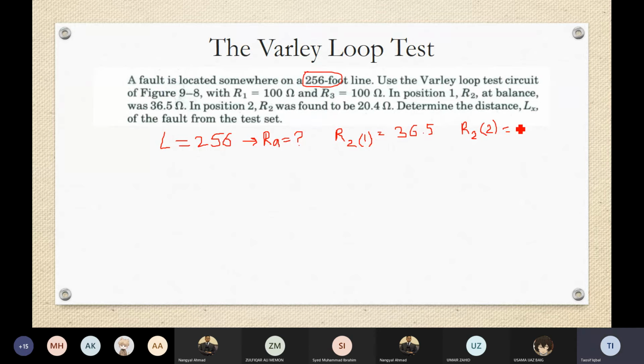So in the second case R2 was 20.4. So now we have to find the unknown distance where the fault exists. So we have to find that Lx. So first let's find the value of RA.